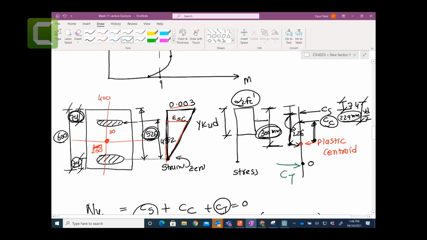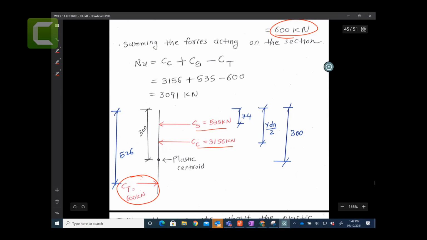All other details are exactly the same. Probably those values are changed, but the theories are the same, like the moment. So the same concept, that you have this force, this force, this force. So you have all the compression force going this way, so positive, tensile force negative, so you have 3091 kilonewtons.